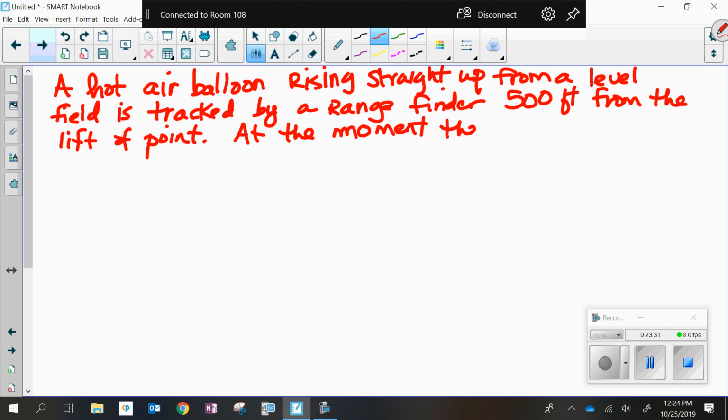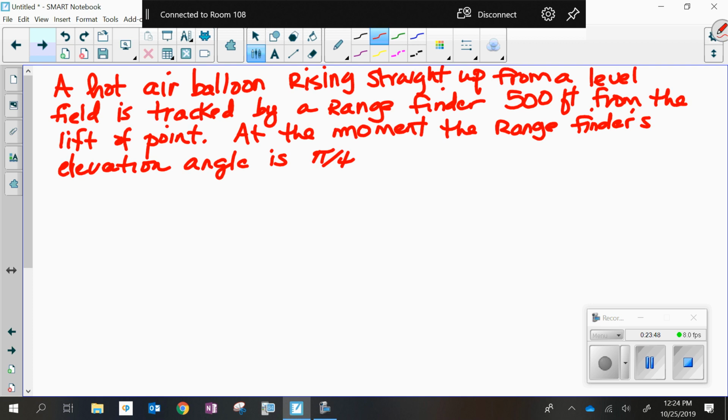The rangefinder's elevation angle is pi over 4.